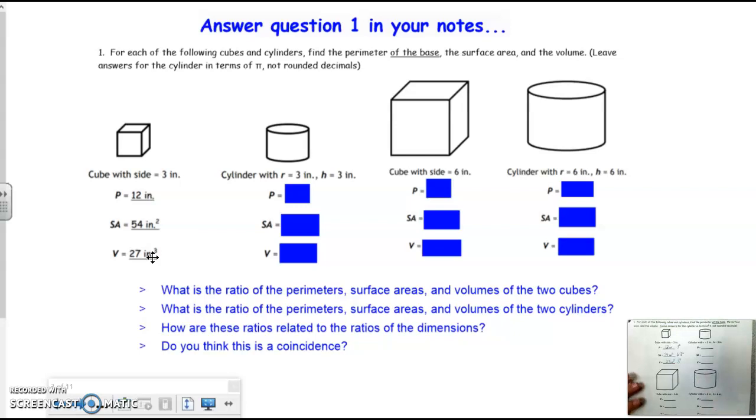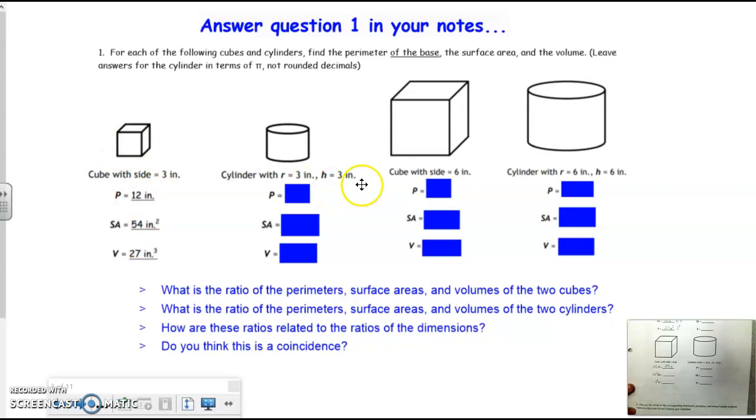Okay. I'm going to go ahead and do this other cube since we're on cubes right now. This is 4s, this is s squared times 6, and this is just s cubed. So the perimeter of the base, since one side is 6, then 6 times 4 is 24, so that's 24 inches.